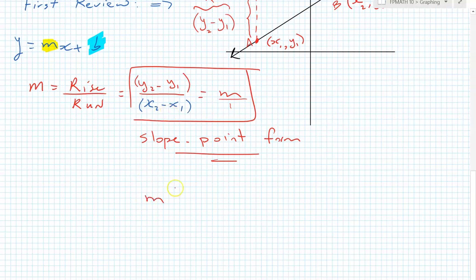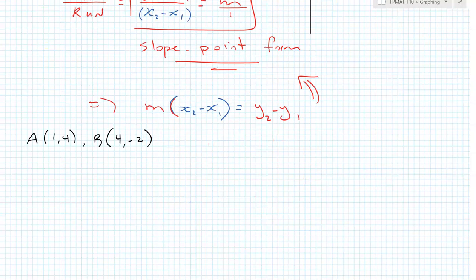I'll get m times (x2 minus x1) equals y2 minus y1. Once you have those coordinates, you plug them into this equation, which is the slope-point form of the line, and then you come up with the equation of it. That's one way to do this.